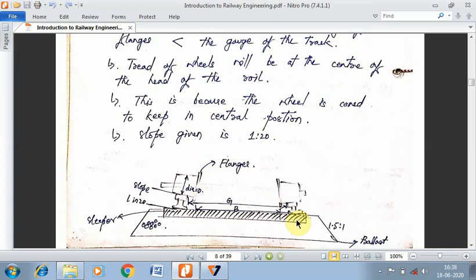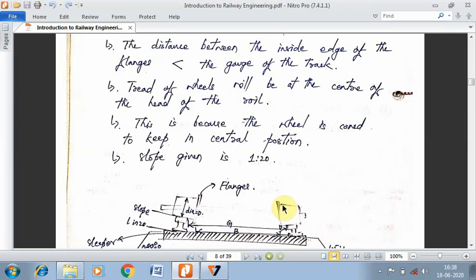Okay, so this clear distance between the inner faces of the flanges of the wheels is called the wheel gauge, whereas the clear distance between the inner surfaces of the heads of the rail is called the track gauge. So there are two things here. One is the wheel gauge and the other one is the track gauge.